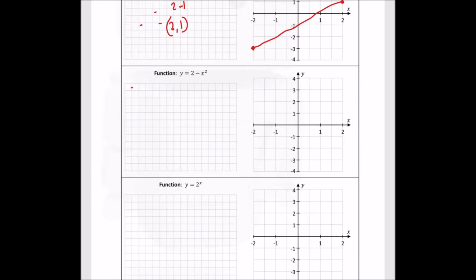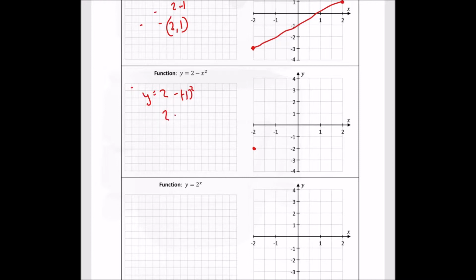Right, so y equals 2 minus x squared, and I'm going to put in minus 2 for the x, with x squared in brackets. So 2 minus, and then minus 2 squared is 4, so that's minus 2. So when I put in minus 2, I got minus 2. So minus 2, minus 2. So there we go. Next one, put in minus 1.